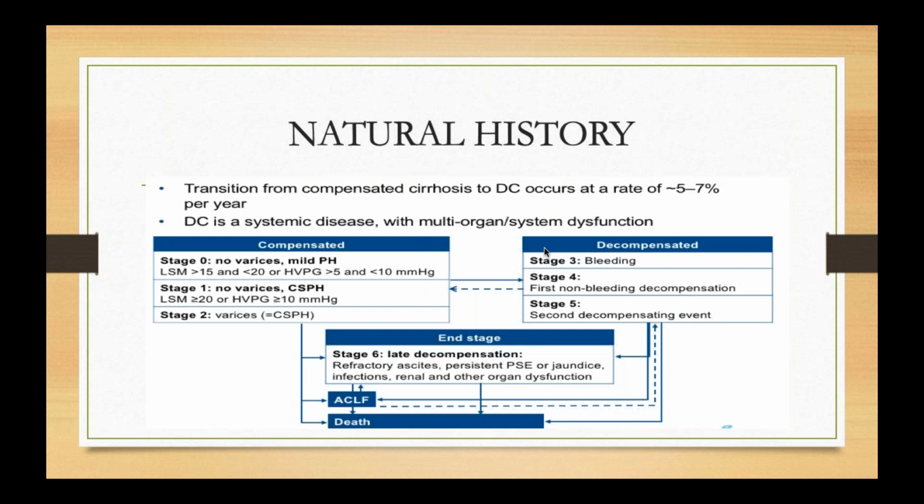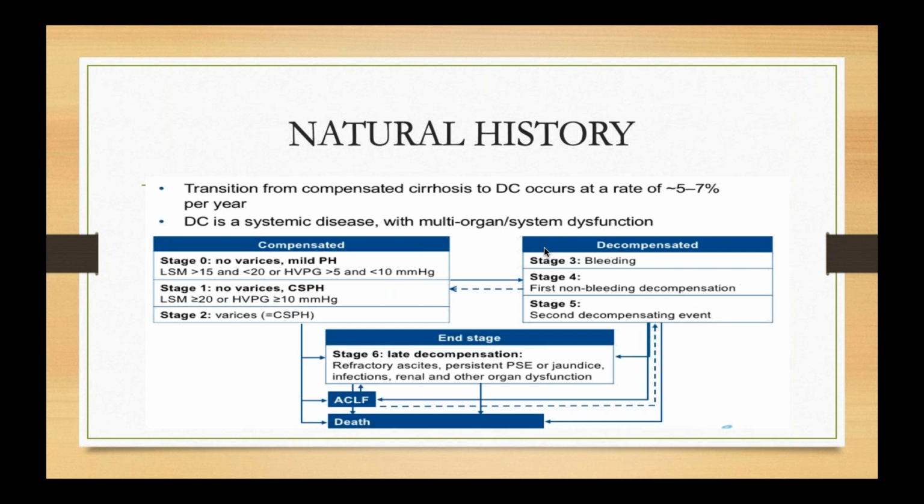Now, natural history of cirrhosis. Cirrhosis in the initial stage is compensated cirrhosis, which usually doesn't have any complication. But 5 to 7% of compensated cirrhosis decompensates every year. Decompensation means there are complications like ascites formation, jaundice, renal injury, hepatic encephalopathy.